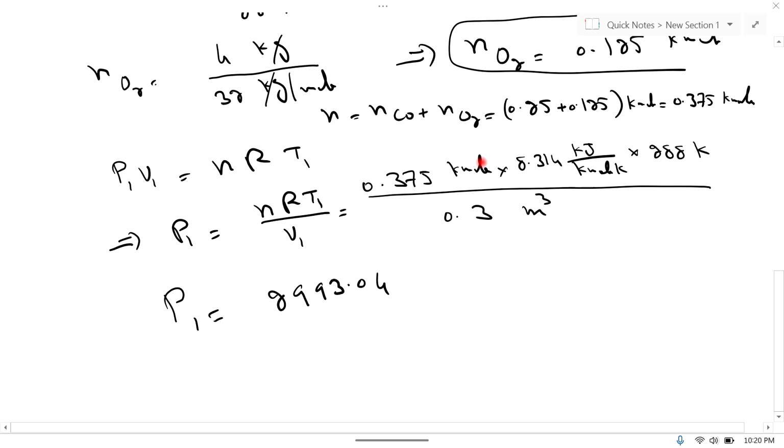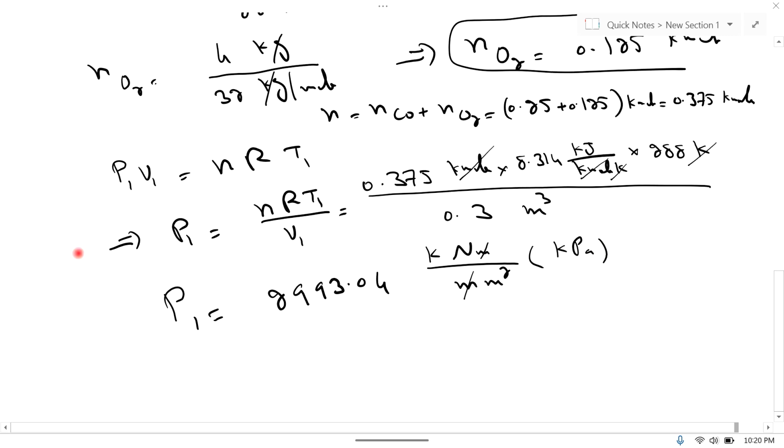Kilomole will be cancelled with kilomole, Kelvin will be cancelled with Kelvin, and this will be equal to kilojoule per cubic meter. Kilojoule is equal to Newton meter, so we can write cubic meter as meter into square meter. Meter will be cancelled with meter. So kilonewton per square meter is equal to kilopascal.